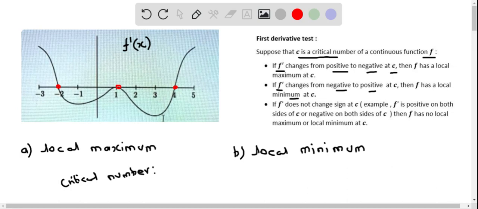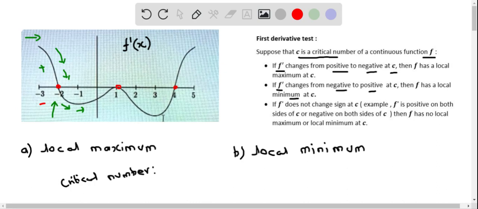So basically we have to look around these points to determine if there is a local maximum or local minimum of the function. Around x equal to negative 2, the derivative changes its sign as x increases from left to right. It is positive till negative 2, and after which it becomes negative, which means it changes its sign from positive to negative.